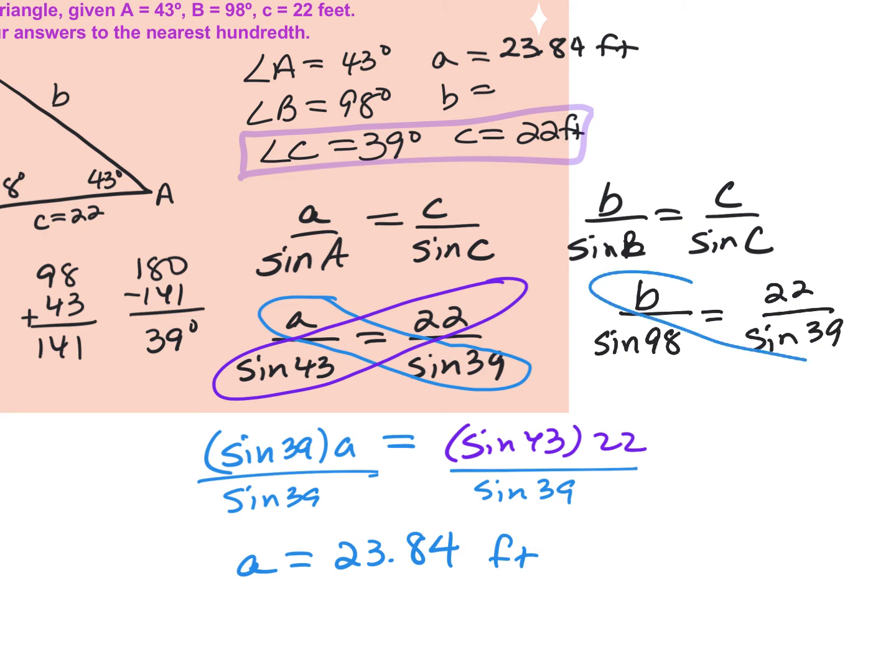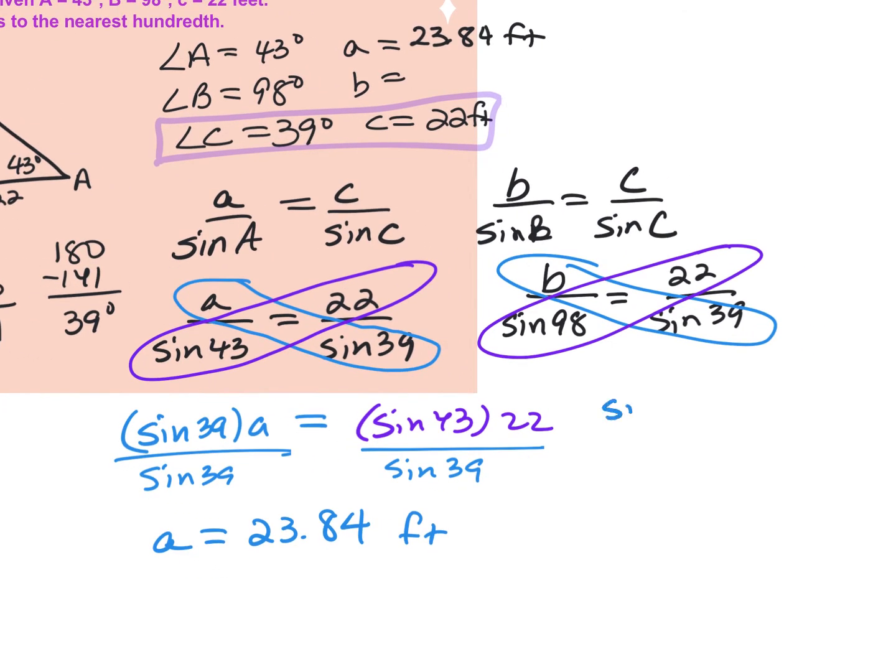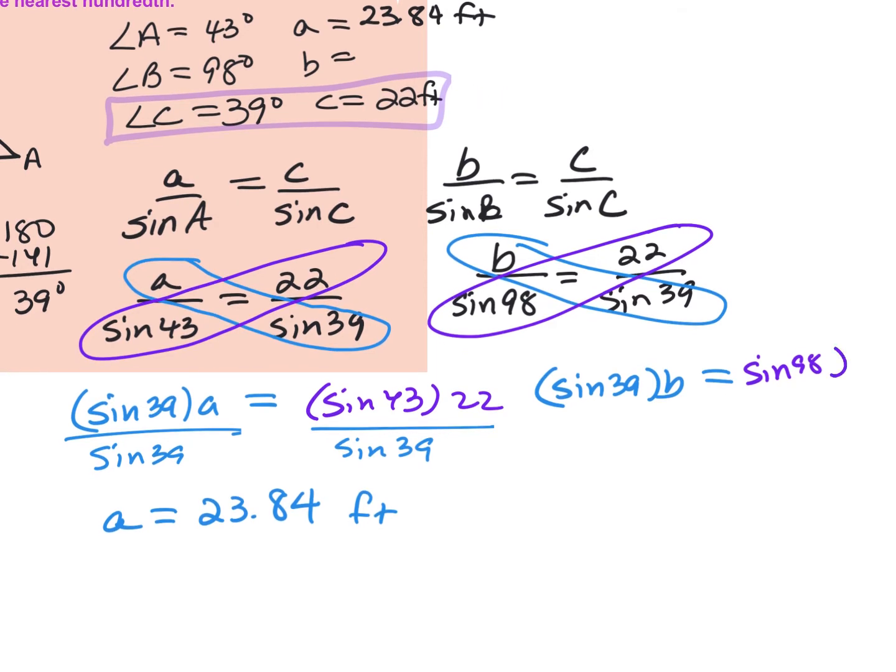Again, cross products, and we get the sine of 39 times B equals the sine of 98 times 22. Divide both sides by the sine of 39.